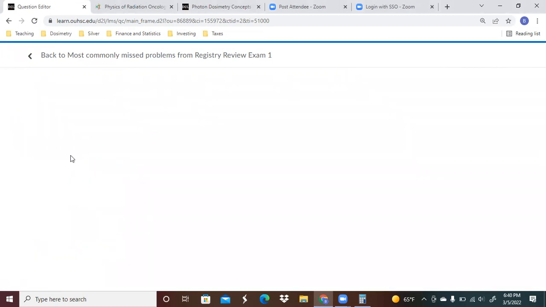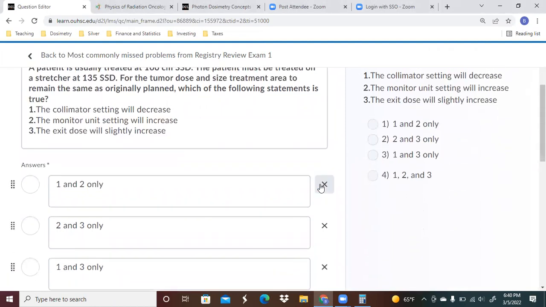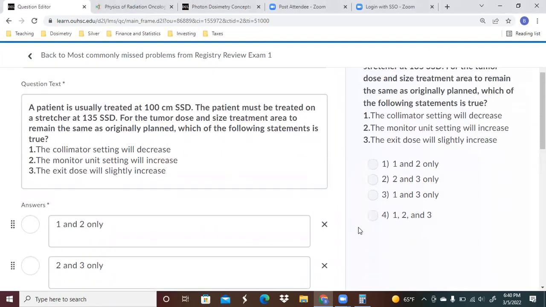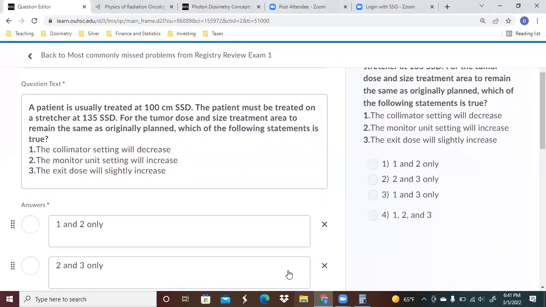Okay, a patient is usually treated at 100 SSD. The patient must be treated on a stretcher at 135 SSD. So for the tumor dose and size of the treatment area to remain the same as originally planned, which of the following statements is true? Let's draw a model of what's going on.